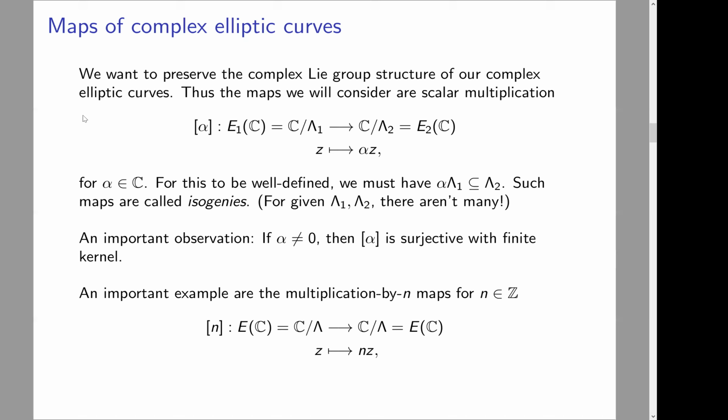All right, so we worked out what we want our maps to be by saying we want our maps of complex elliptic curves to be maps that preserve the structure as a complex Lie group. We've noted that an important thing about elliptic curves in general is that they are algebraic groups. So we will ask for something similar when we look at isogenies at that level of generality. So let's move on to that.